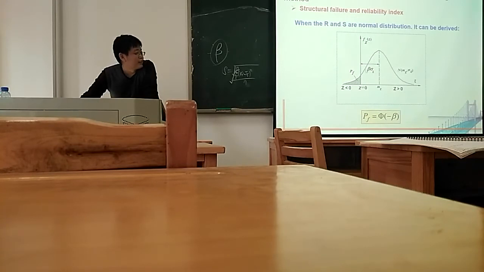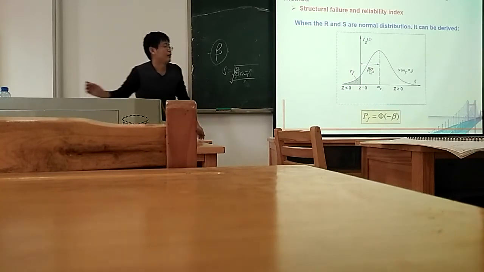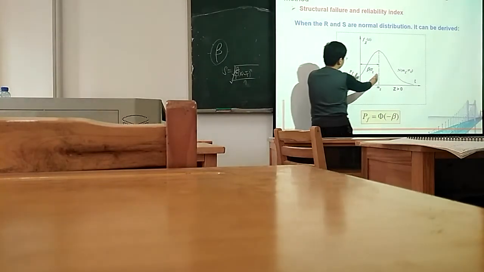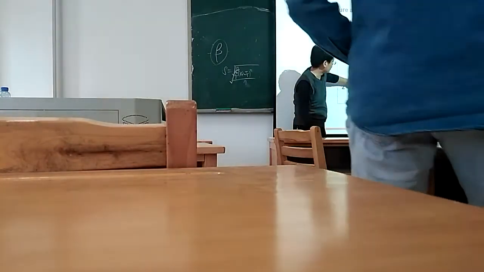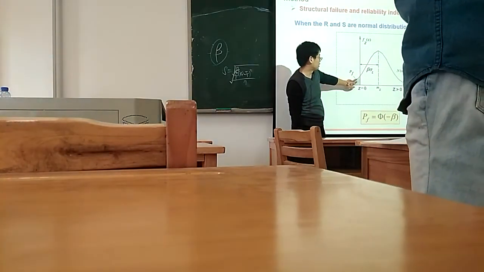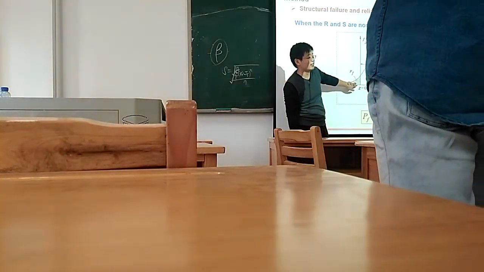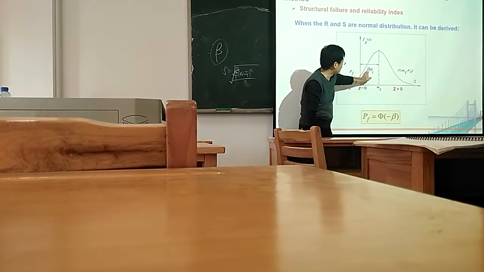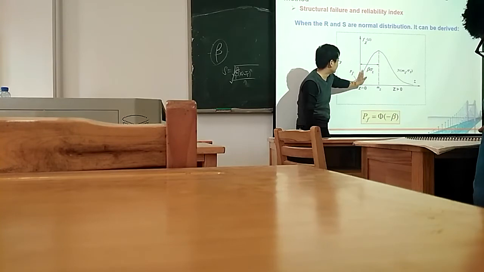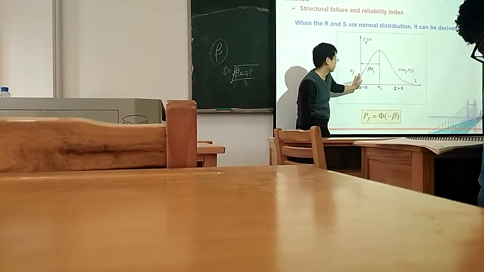If beta is smaller, that means this distance is smaller, so the area of this shaded part becomes larger. That means the vertical axis moves this way.